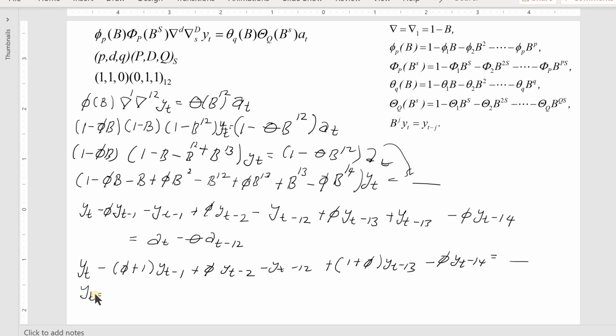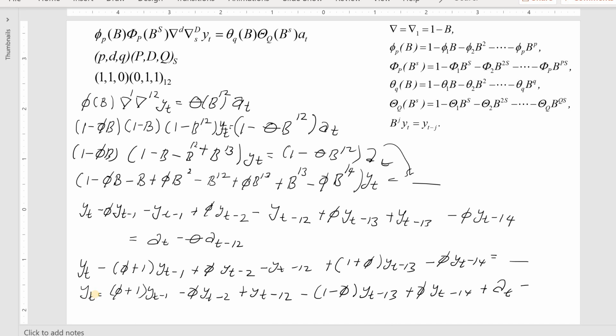Then bring all to the right hand side, positive, negative, YT minus 2 plus YT minus 12 minus phi YT minus 13 plus YT minus 14 plus at minus at minus 12.